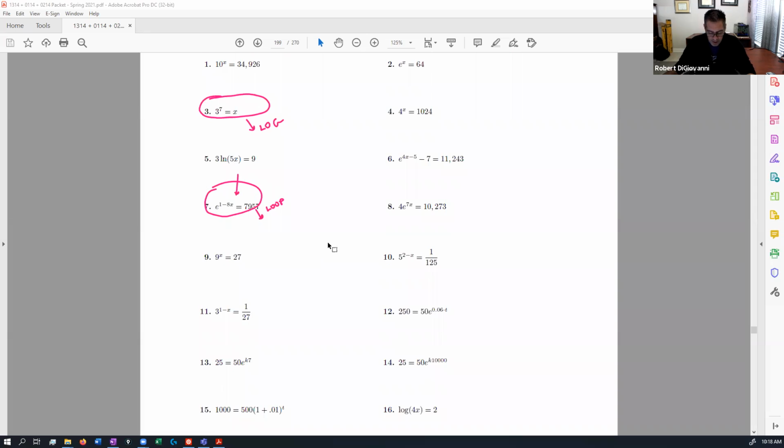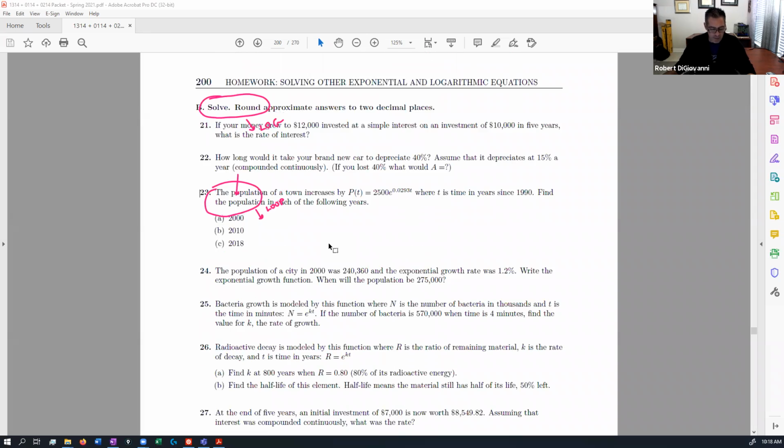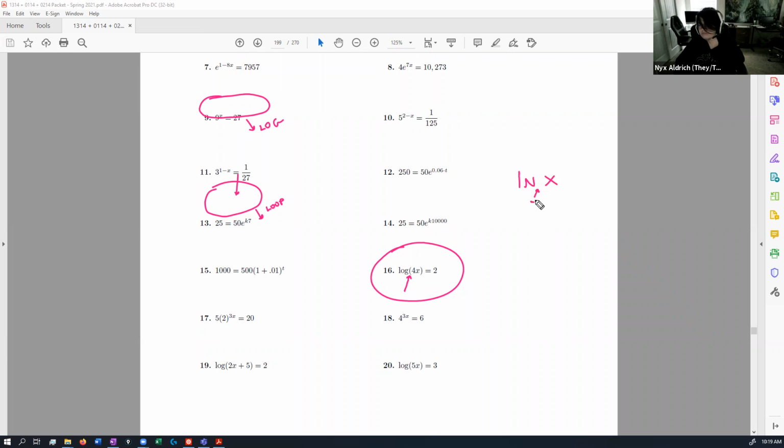Also, I need to point out, there's one problem on here. I'm just going to remind you that if you have a log equation like this, and the base is not written there, did we talk about what that base is? We know that for natural log, the base is actually an E, right?